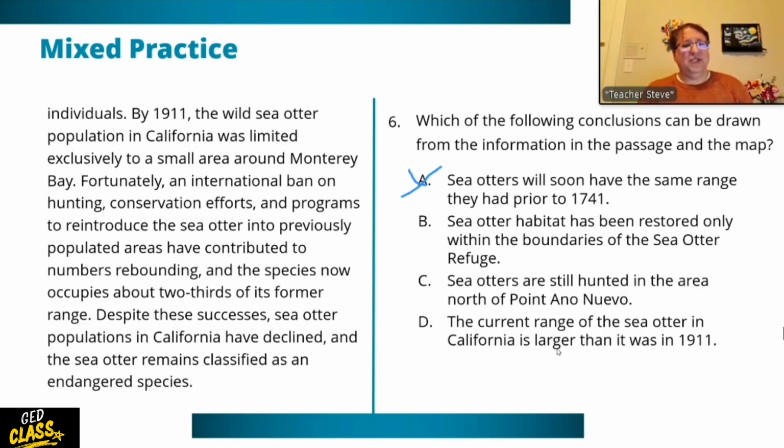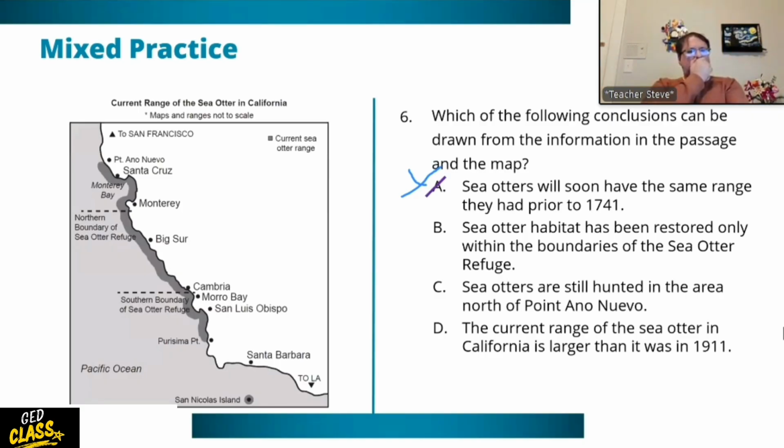Well, let's look at answer choice B. Sea otter habitat has been restored only within the boundaries of the sea otter refuge. What do you notice about the sea otter habitats here against the refuge? Are sea otters only restored to the area boundaries of the sea otter refuge?